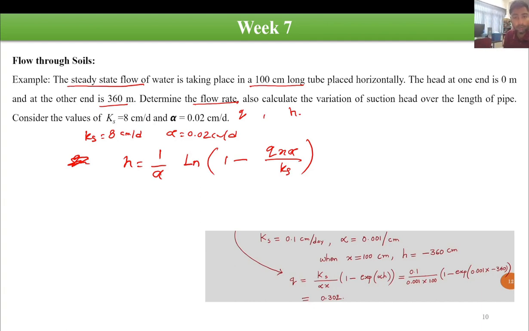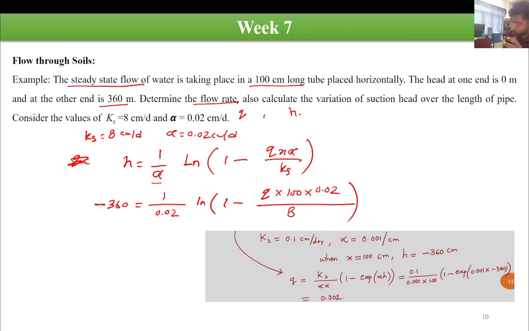So in the first case, as we know that the value of h is given, and we know the value of alpha, and we know all the values. So we'll put the value of head that is given, 360. So we'll write minus 360 here is equal to 1 upon alpha, 0.02, and here is going to be ln 1 minus the q we need to determine for the steady state, and the value of x is given, 100 centimeter, and the value of alpha is again 0.02, and we divide by the hydraulic conductivity at saturation.